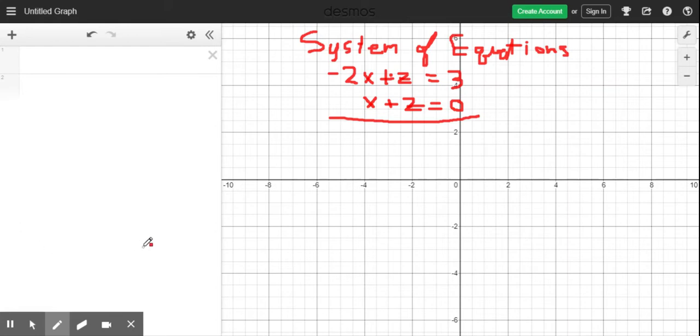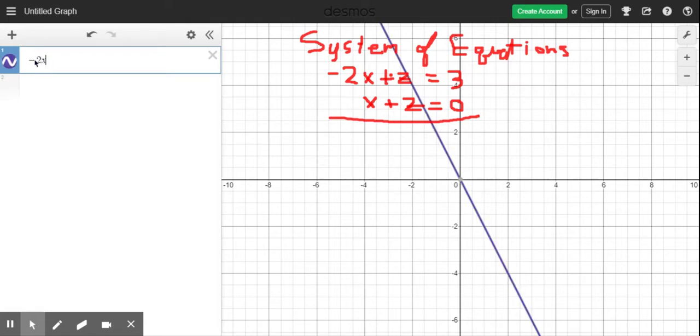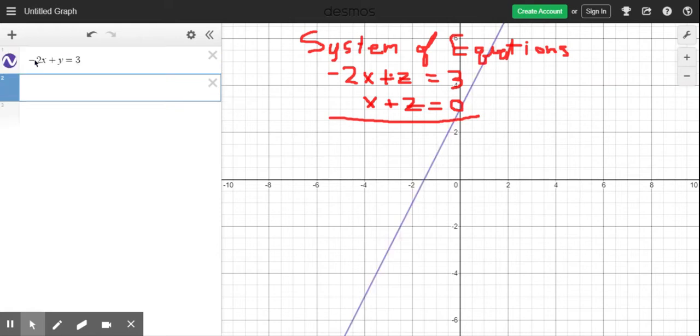Now, there's a way to look at this on a graph as well. So I'm going to put it into Desmos. Let's put in our negative 2x plus, and I'm going to call it y instead of z for Desmos purposes, equals 3.